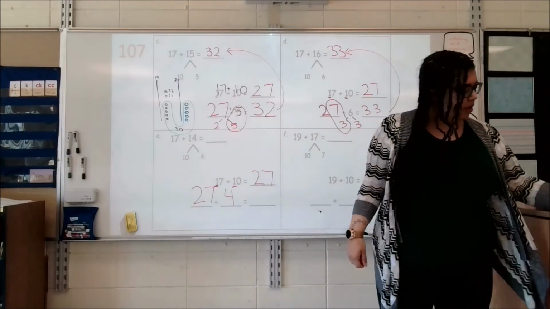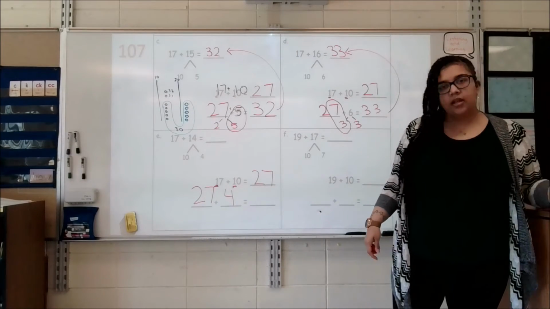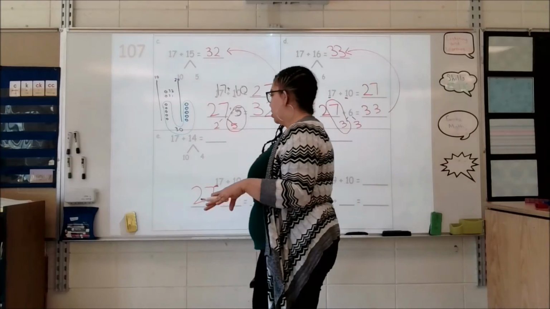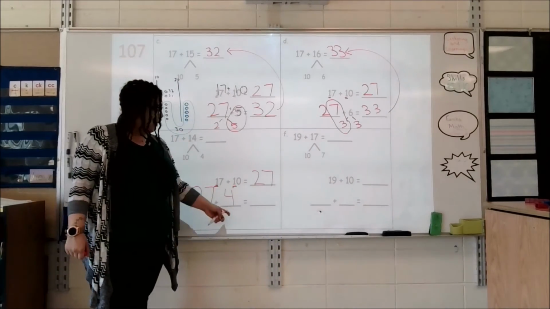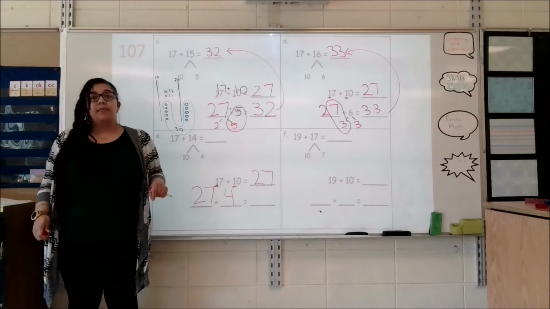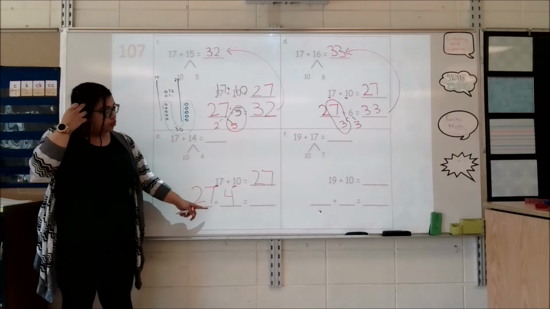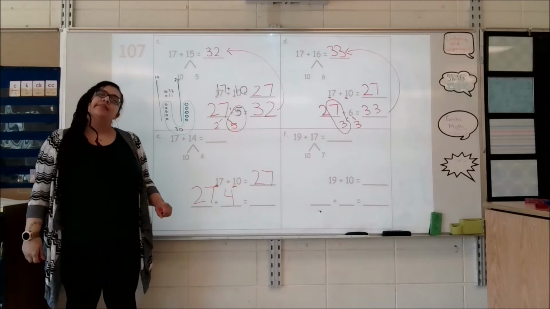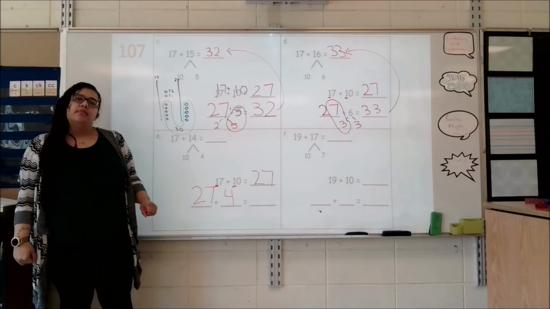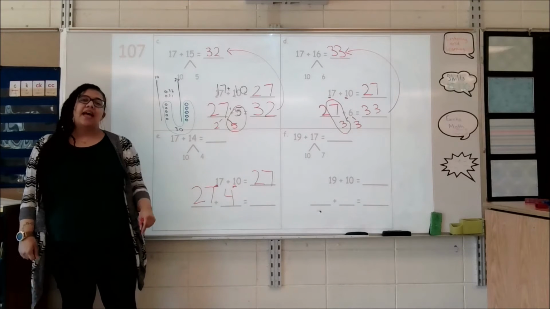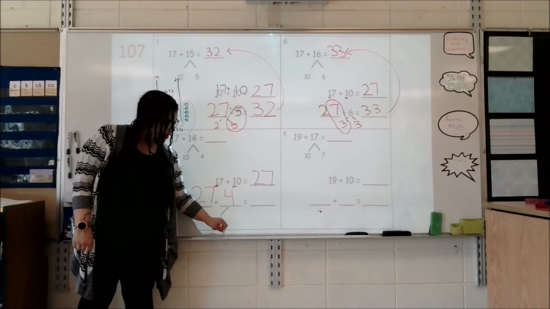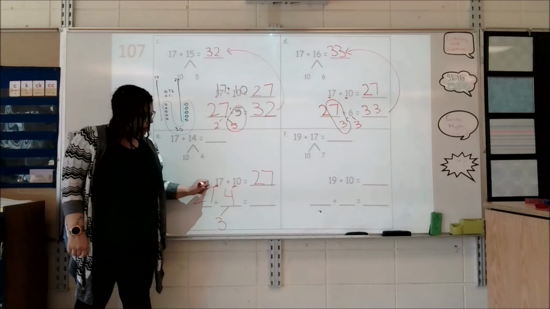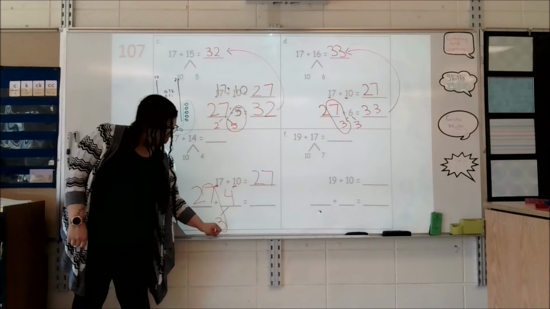Excellent. Now, knowing that there are 4 ones left, which of these 2 numbers is closer to being a complete group of 10? 27 or 4? 27. Excellent. We've already discovered that 27 needs 3 more to complete this group of 10.